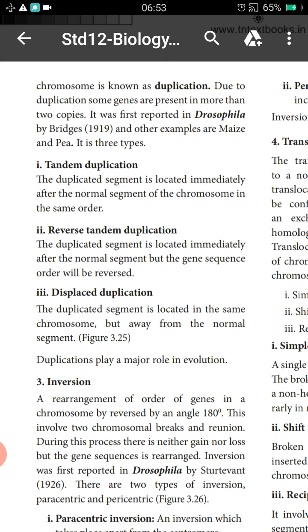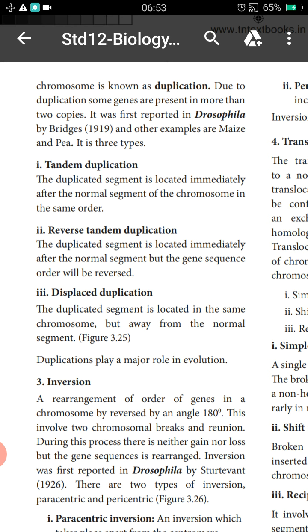So this is called as tandem duplication. Reverse tandem duplication: the duplicated segment is located immediately after the normal segment, but the gene sequence order will be reversed. So here the repeated sequence is present immediately after the normal segment, but in a reverse way. Then it is called as reverse tandem.